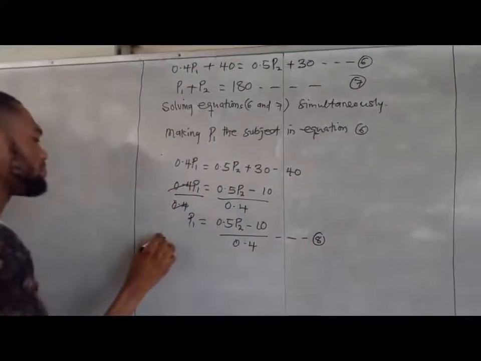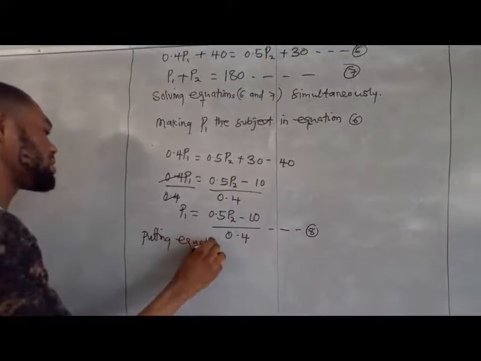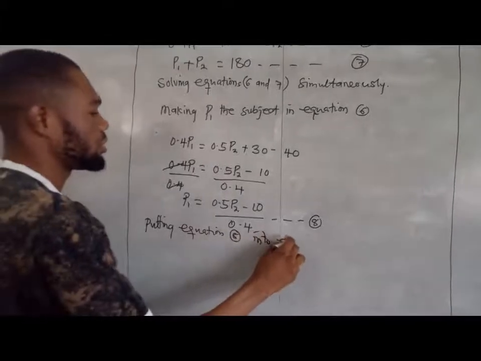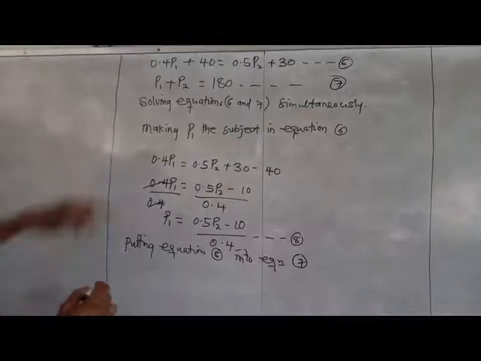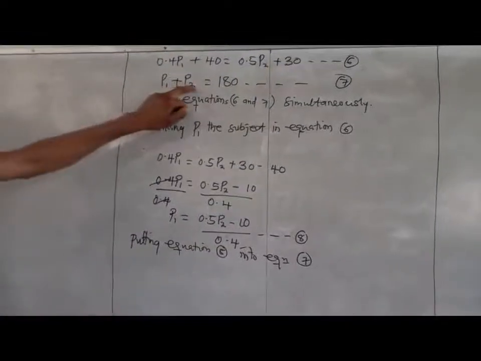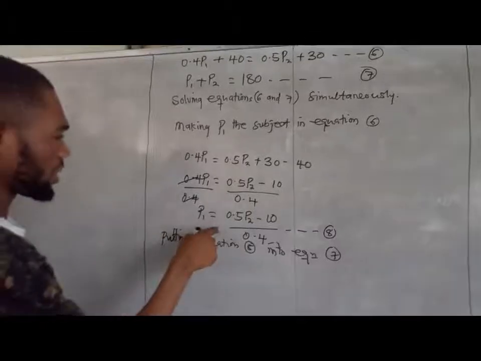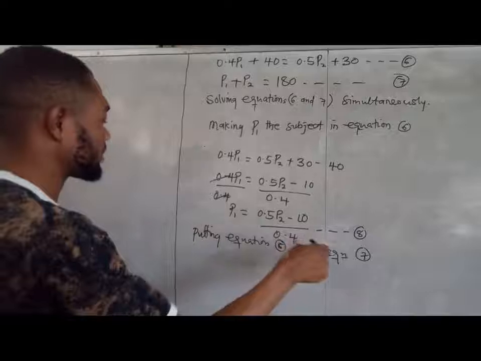So putting equation 8 into equation 7, because they said P1 plus P2 should equal 180. Now I know my P1 to be equal to 0.5 P2 minus 10 all over 0.4.